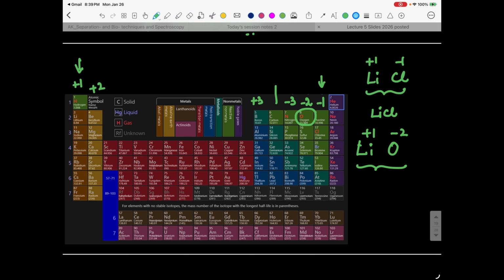So when we want to make a compound with lithium and oxygen, that means we need 2 lithiums for every 1 oxygen. So 2 of lithium and 1 of oxygen becomes the lithium oxide compound. So essentially what we are doing here is swapping these numbers to each other. So lithium becomes 2, oxygen becomes 1.